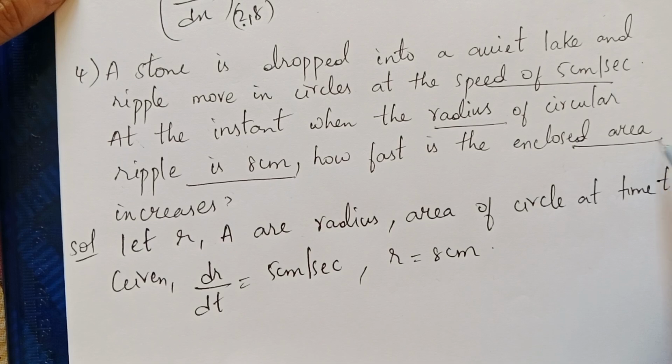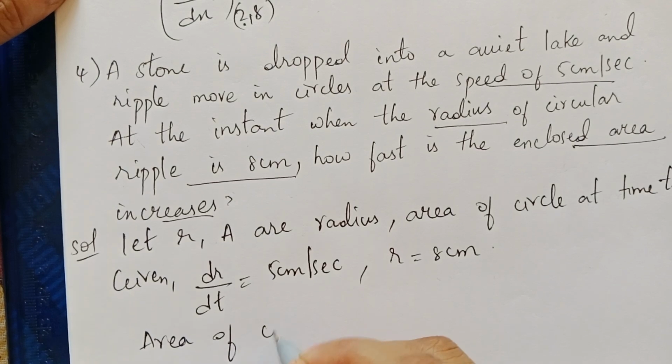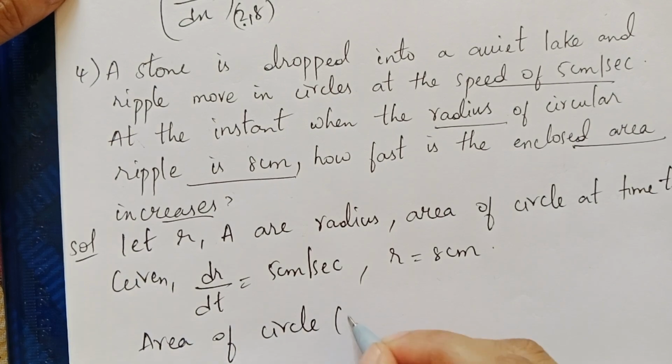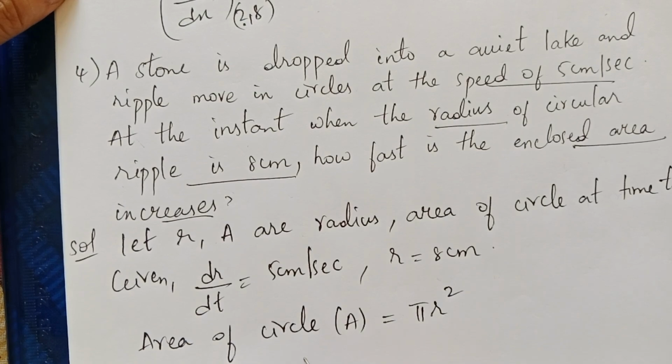We have to find how fast the area increases. Area of circle A is equal to pi r square. So it is dA by dt.